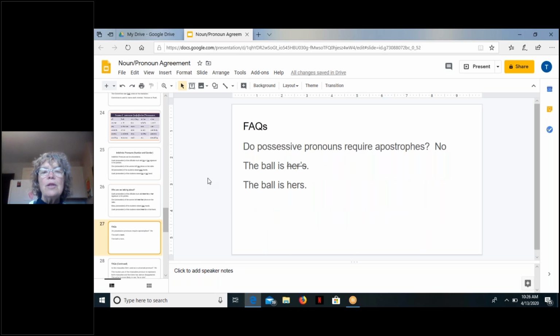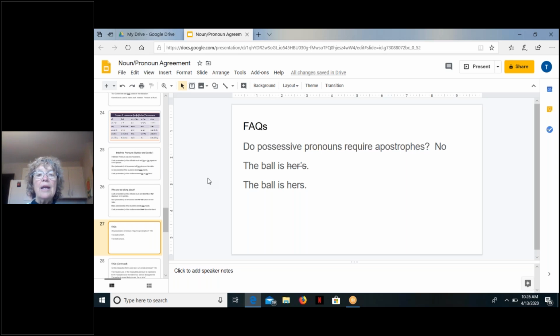There are some frequently asked questions around use of pronouns to replace nouns, and we want agreement. And one of these questions that comes up, it still comes up for me. I still sometimes have to ask this to myself. Do possessive pronouns require apostrophes? Well, that's no. The possessive pronoun itself, "her," is already possessive.